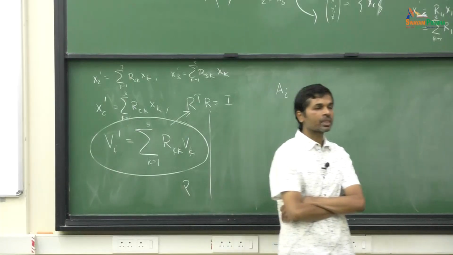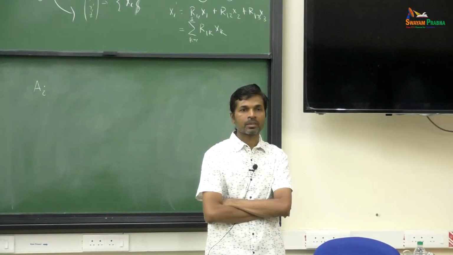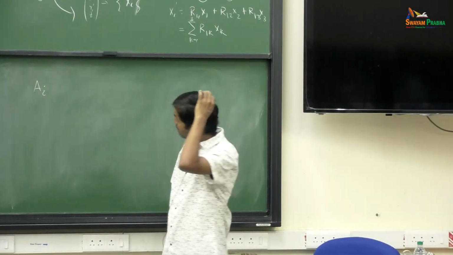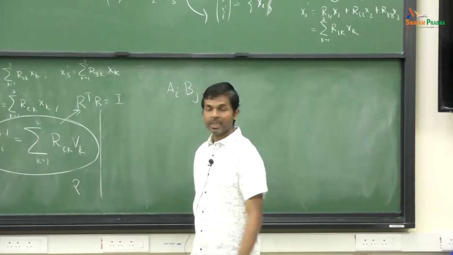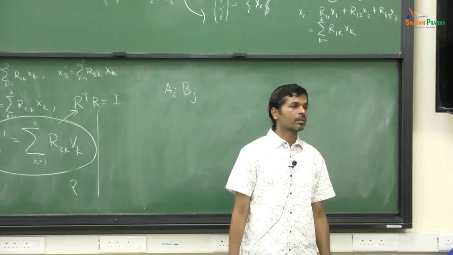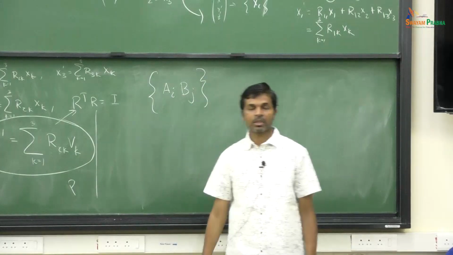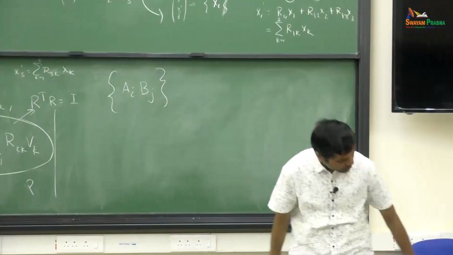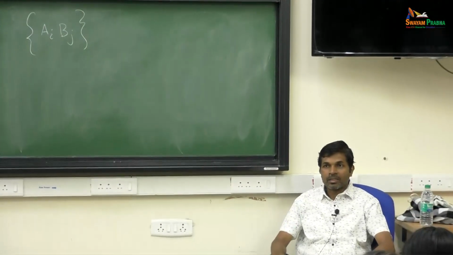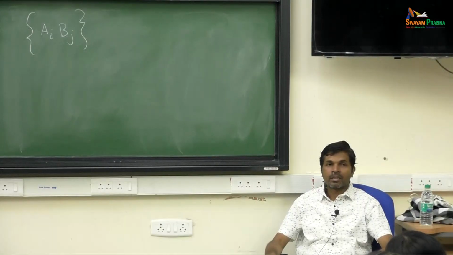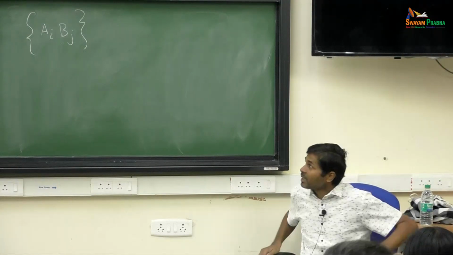Let us just consider a simple orthogonal transformation, which is a rotation. So let's say Ai is some vector, Bj is another vector. Now I will consider the collection of all such numbers. So how many numbers are there? Yes, i and j run from 1 to 3, so there are 9, obviously.